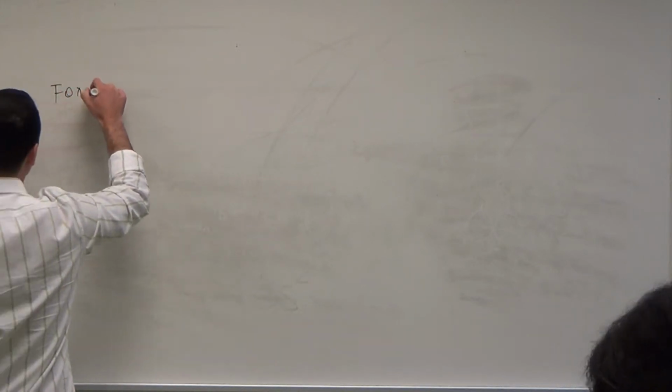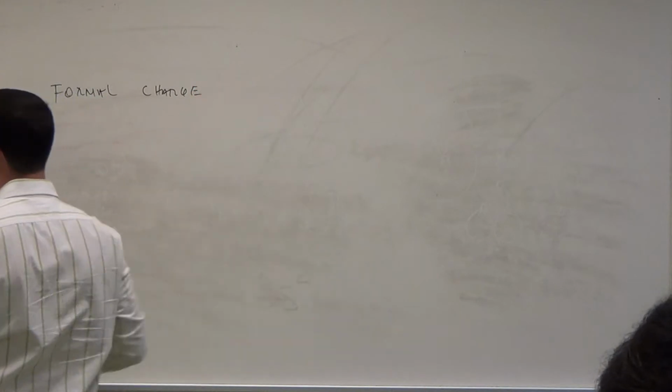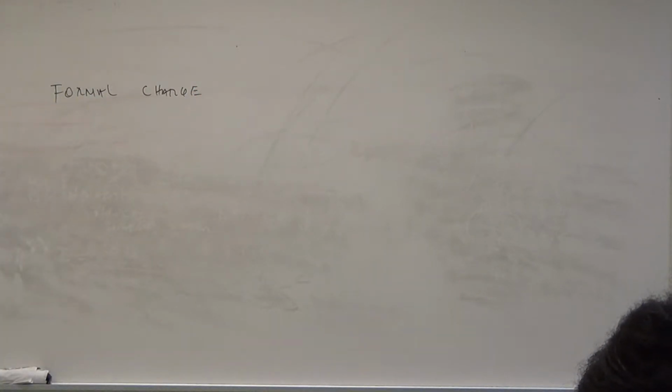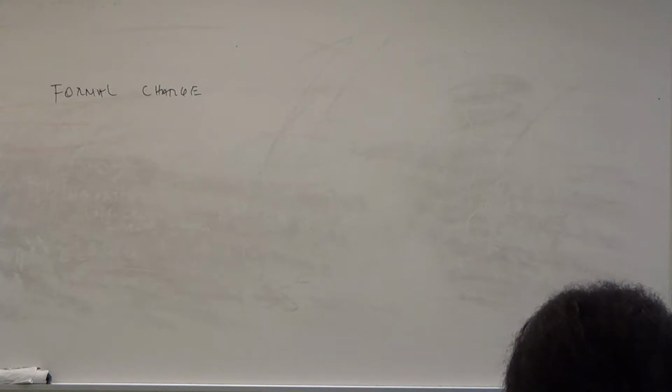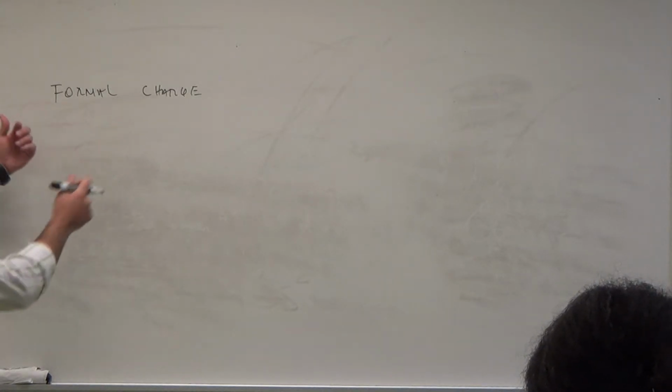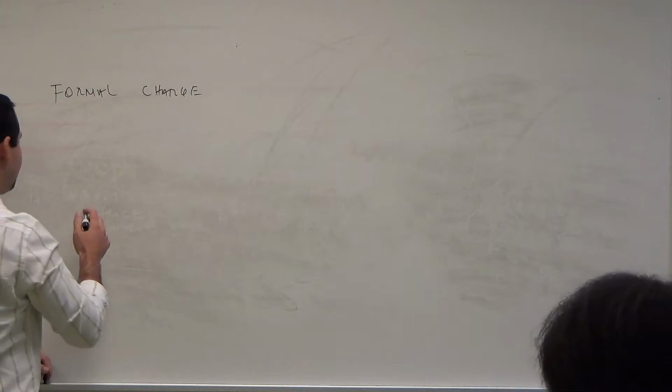Okay, let's calculate something called formal charge. Once again, you will see formal charge again in organic chemistry. Now this formal charge thing is not so complicated, but it could be.